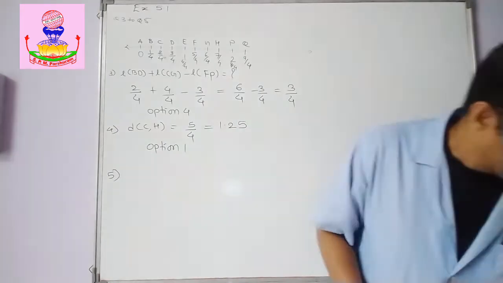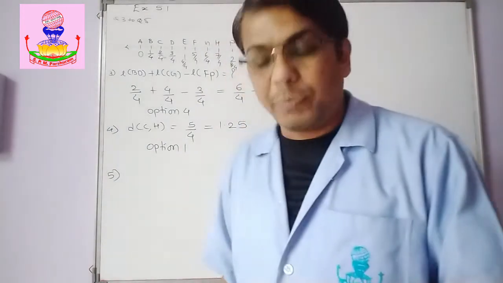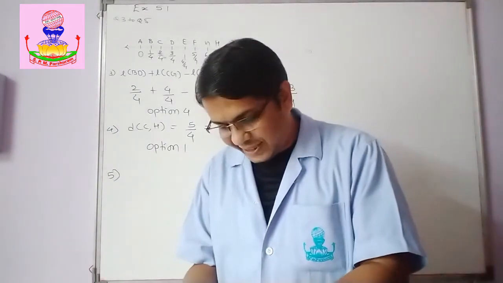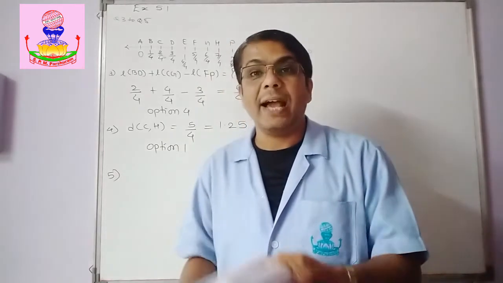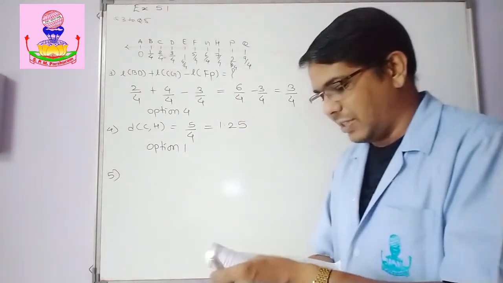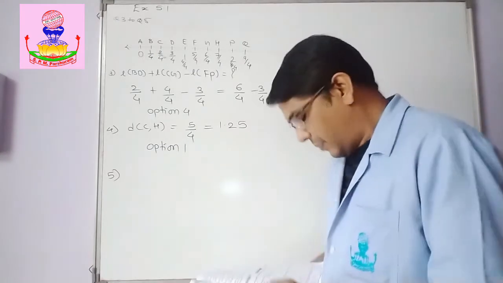The fifth question says, what is the sum of the lengths of the greatest and the smallest segments given below? So, they have given the segments. I am writing the segments here. Okay.